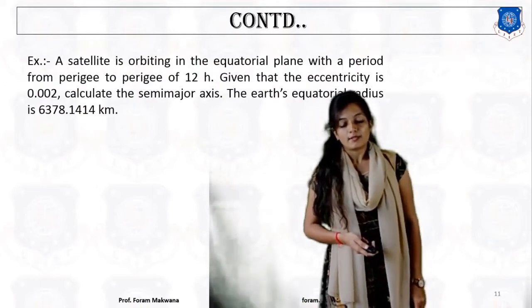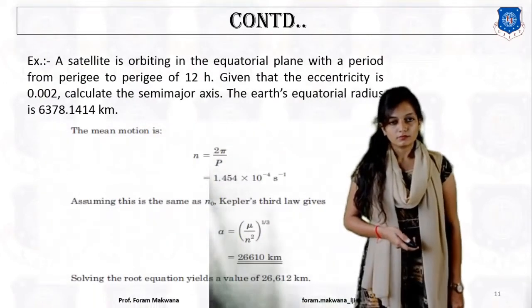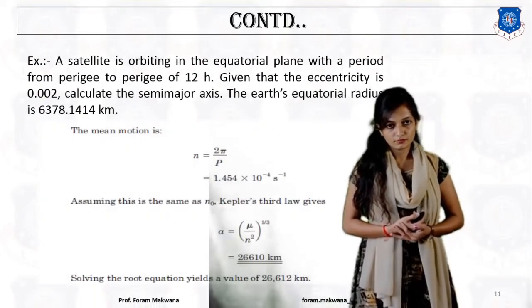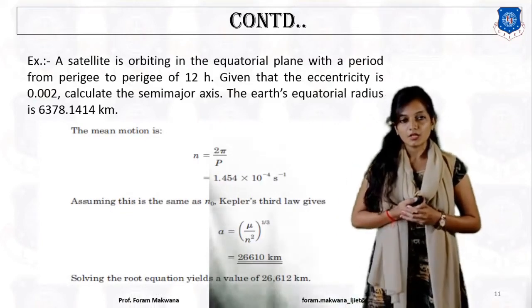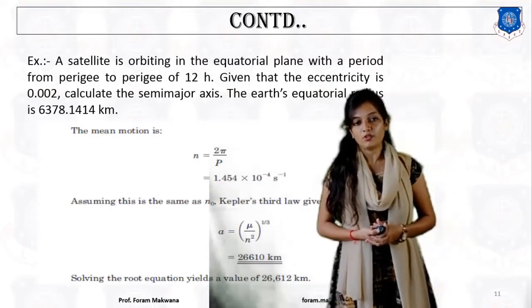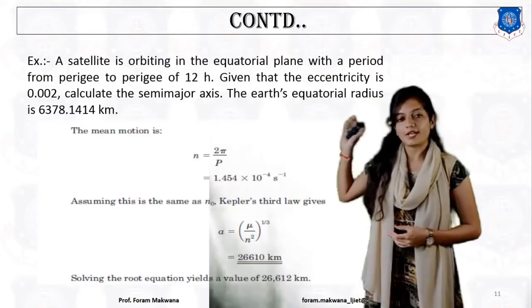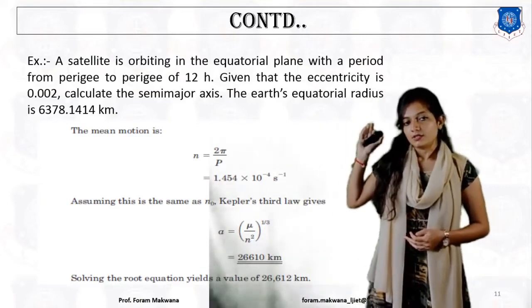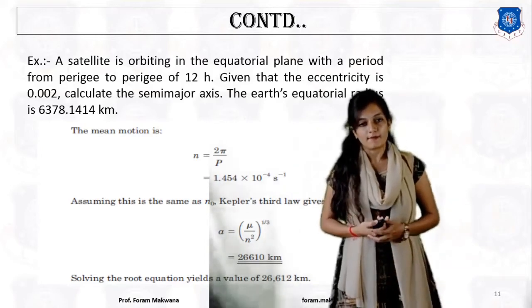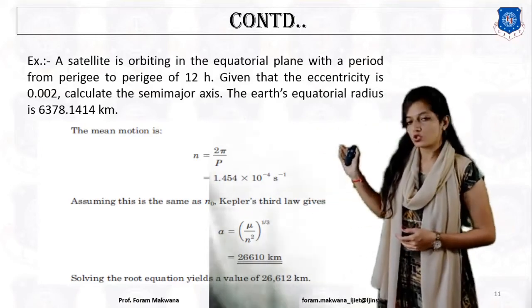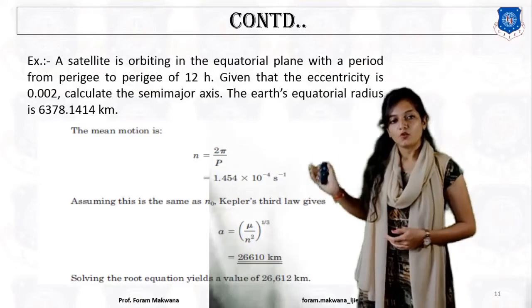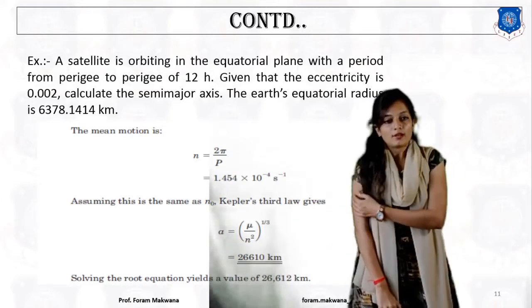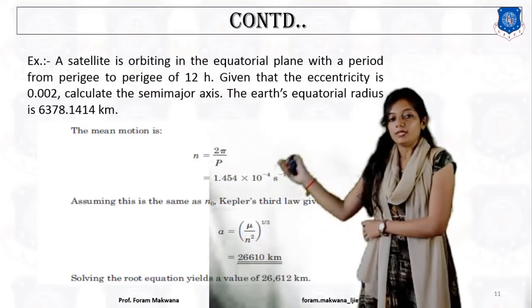Now let's take one example. A satellite is orbiting in the equatorial plane with a perigee-to-perigee period of 12 hours. So eccentricity is given. We need to calculate the semi-major axis. We know that eta equals 2 pi upon P. From the period P equals 12 hours, we are able to calculate the mean motion.